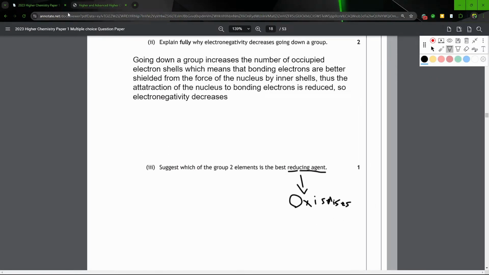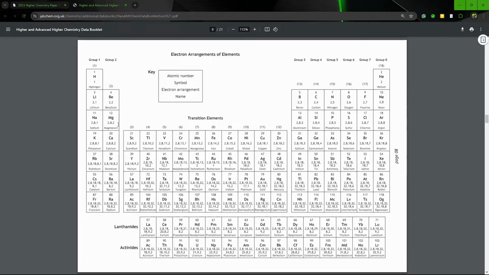Oxidizes means it wants to lose electrons. Atoms want to complete their shells. That's why noble gases are so stable, because they've got complete electron shells. To get to them, you can become an ion and either lose or gain electrons to get a full shell.